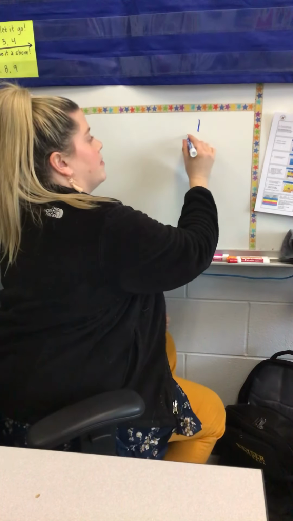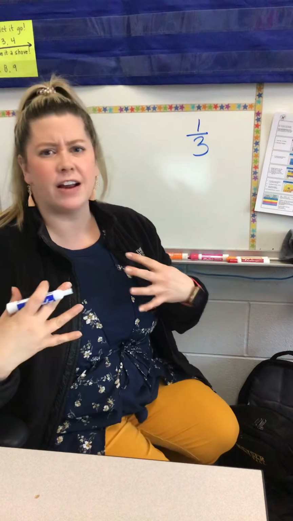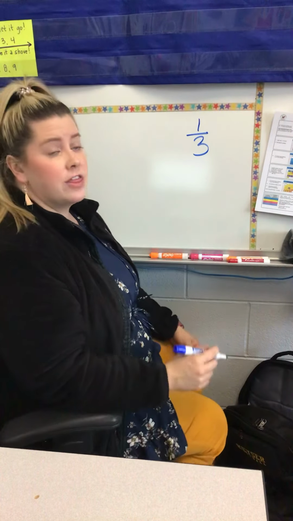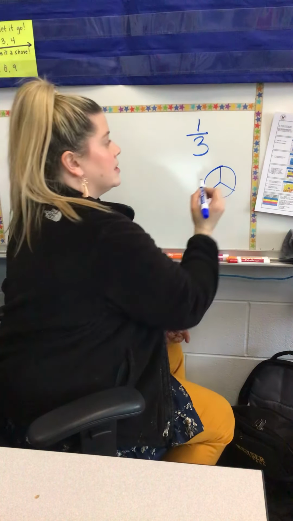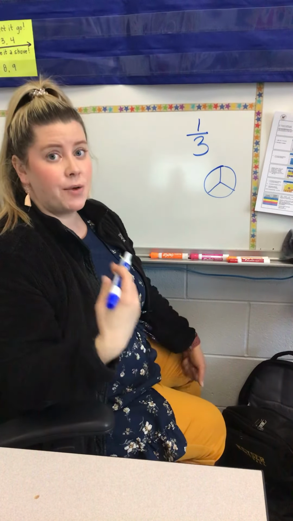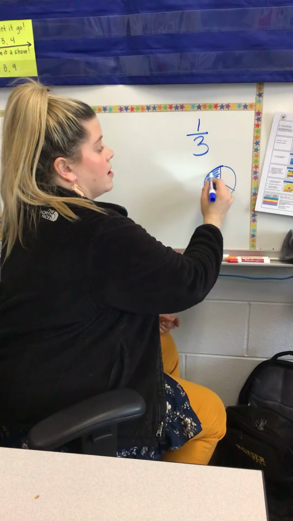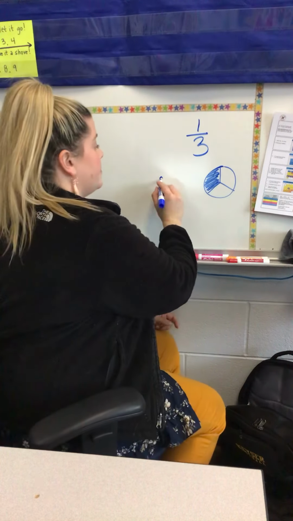So for example, if I give you the fraction 1/3, okay, now our answers will vary here. What I write on the board might not be exactly what you have at home. But if I give you the fraction 1/3, I want you to take something and illustrate that. I want you to build me that fraction. So maybe you're going to cut a shape into 3 parts and color one of them.